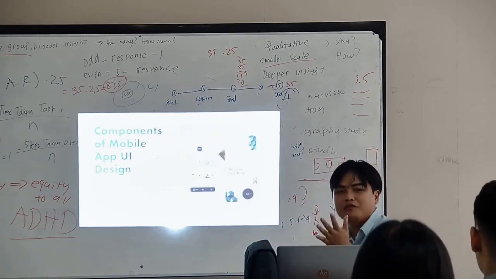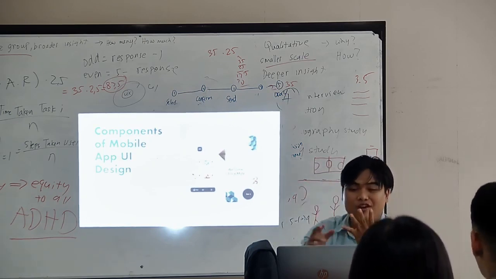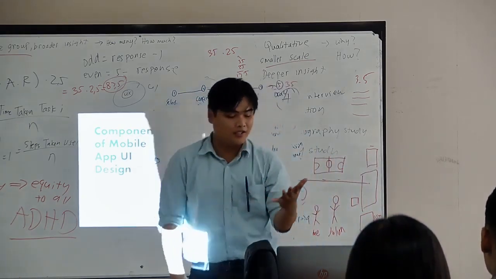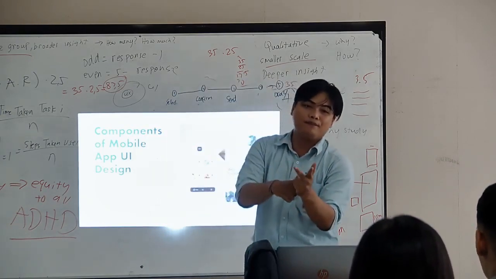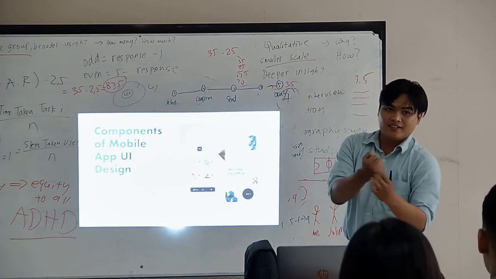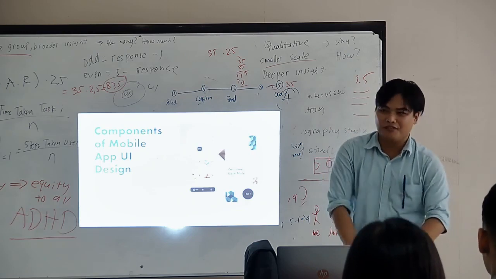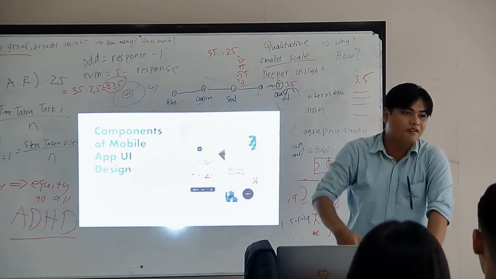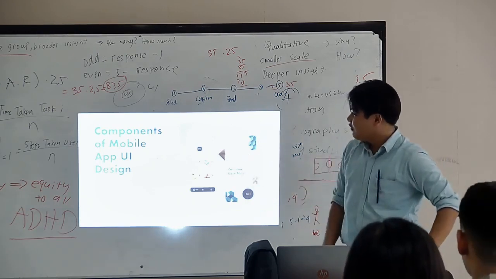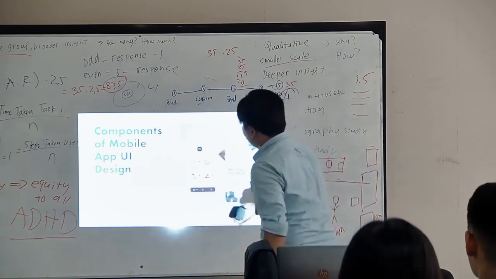So when we learn about user interface design, there are so many things to learn. We have to learn about the components of each environment. How many environments do we have to learn? Desktop, web, mobile, tablet, wearable device. Every device has different components. But because all of your apps are on mobile, we will focus on the components of mobile app UI design.